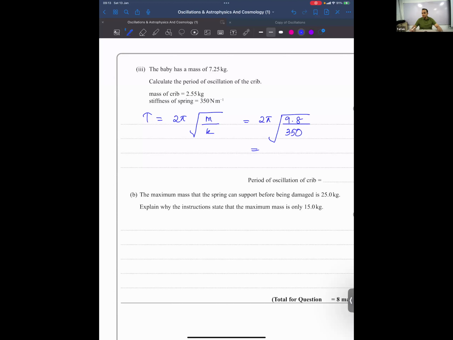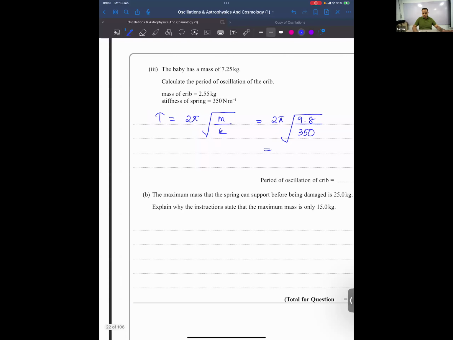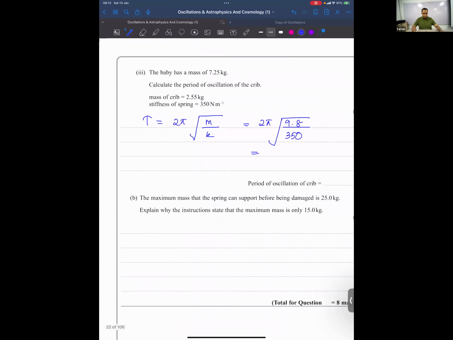So we'll take it 350 itself. Even though the value calculated is 346.2, since they have given in this part to take the stiffness of the spring as 350, please take that 350.